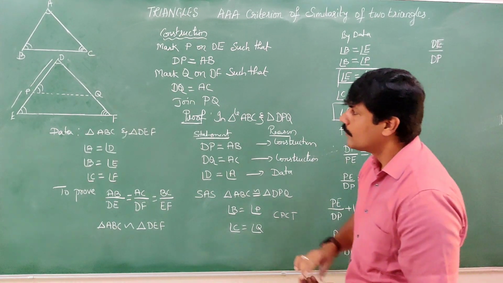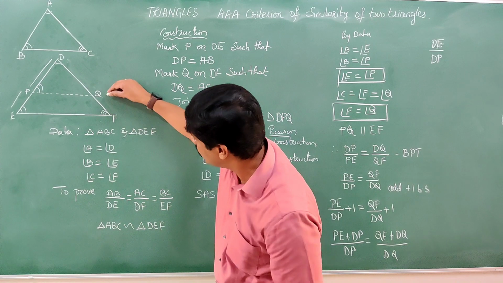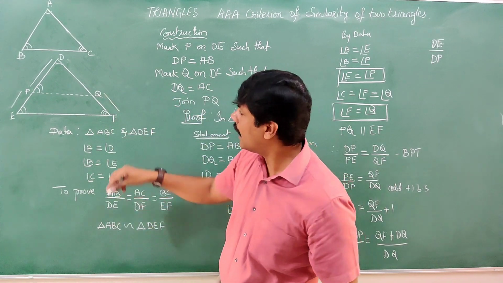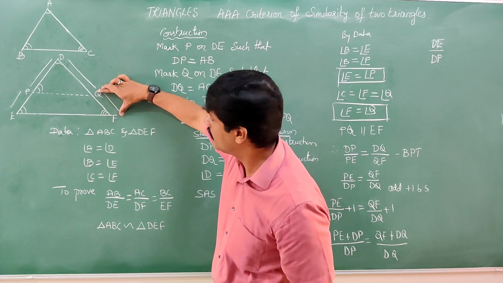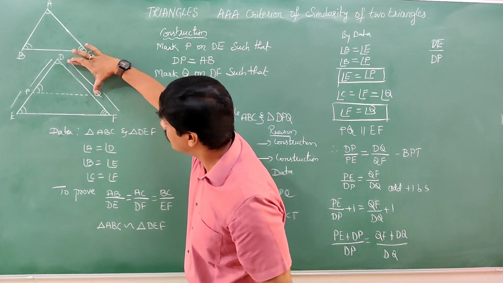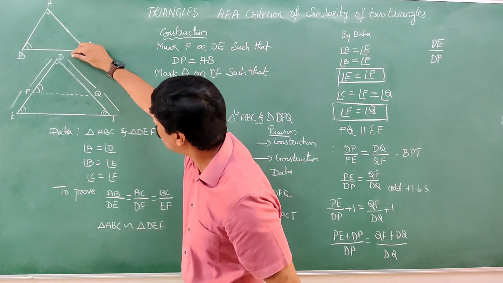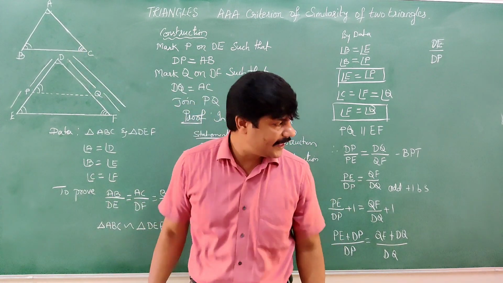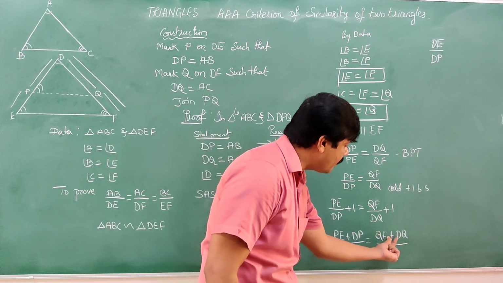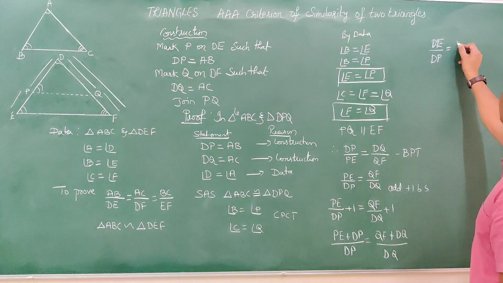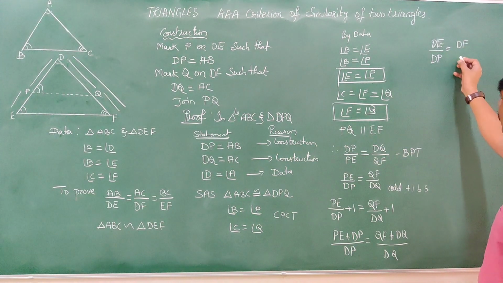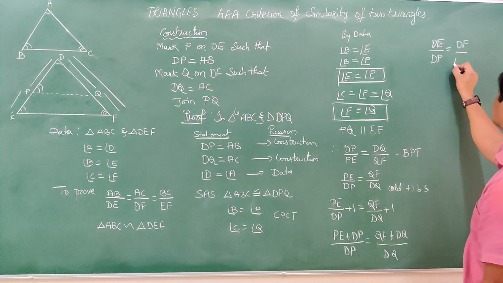Now observe QF, this part, plus DQ is nothing but the whole DF. Therefore, in place of QF plus DQ, I am writing DF by DQ, as it is, DQ.